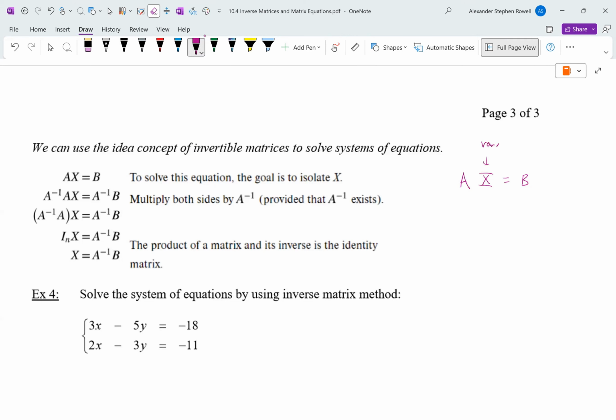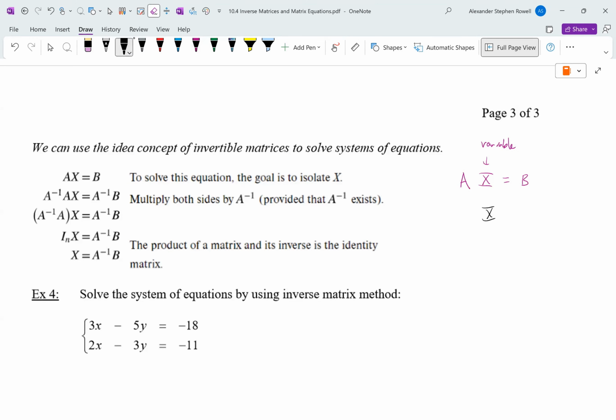So X is a variable. Remember, the capital letters at the end of the alphabet are variable matrices, meaning they're unknown. All entries are unknown. The capital letters at the beginning of the alphabet, A and B, mean all those numbers are known. They're constants.